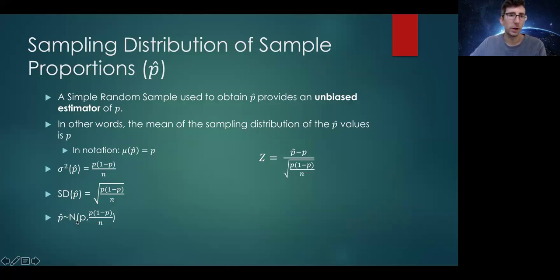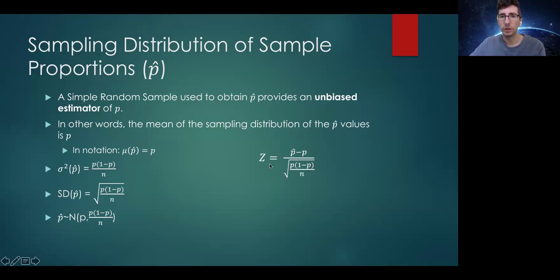And the average of all of our sample proportions will just be equal to the population proportion that we started with. This is similar to the way that the average of all of our sample means was equal to the population mean that we started with, for our sampling distribution of sample means examples.